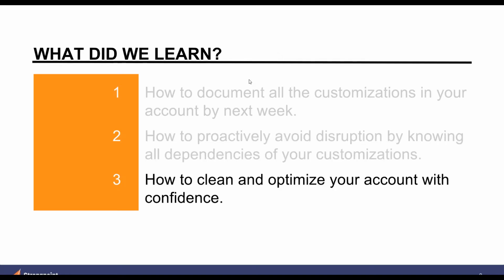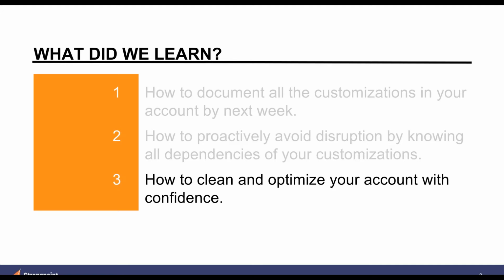The third point is, how can we clean and optimize our accounts with confidence? This is always an interesting one, because many of our customers don't buy our tool set intending to do cleanup and optimization. Some do, but for most, that's not their primary goal.